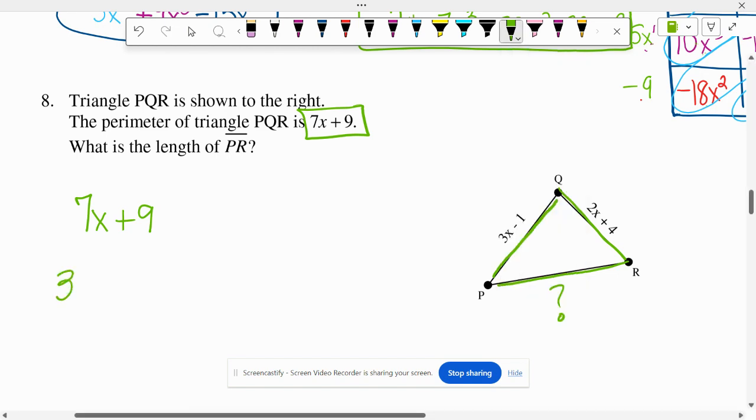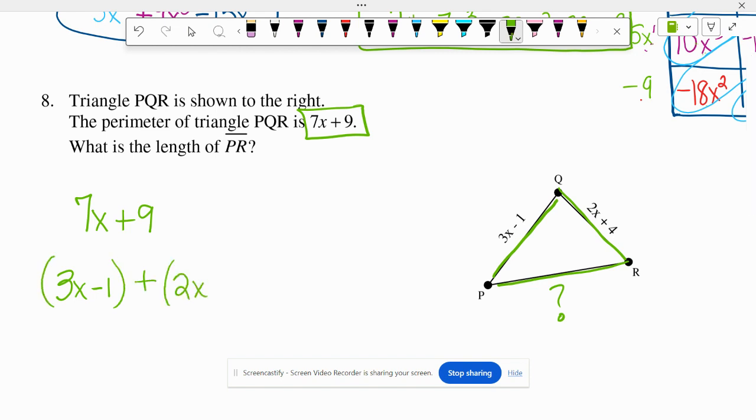I took the side 3x minus 1, and to that I added the side 2x plus 4 plus my I don't know side, and it equals 7x plus 9. What is another way that I could figure that out? How could I work backwards? Yeah, subtract each one of these sides from the given perimeter, and whatever you have left is the missing side.